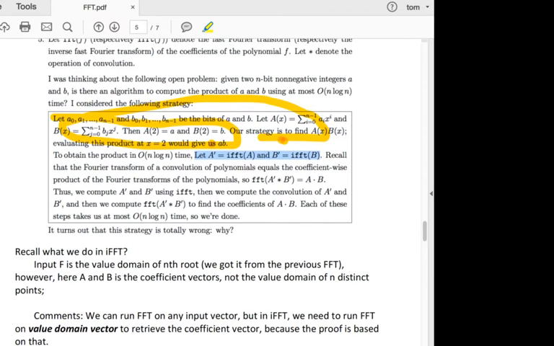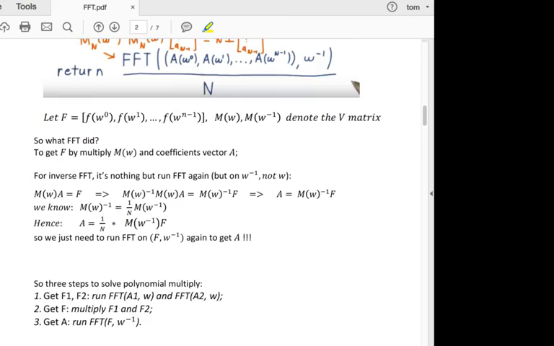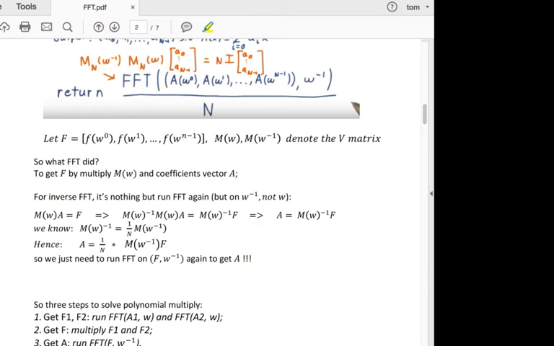Let's go to that part. Here, we based on this. The proof started from this equation. However, in that strategy, f is not the valid domain. It's just a coefficient. Actually, a coefficient vector can be any vector, right?